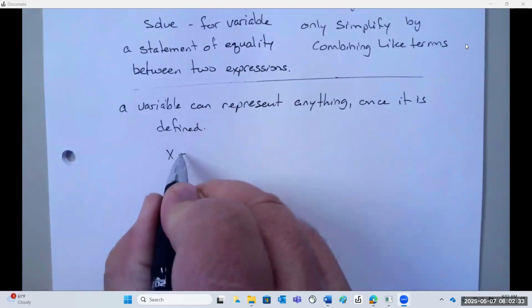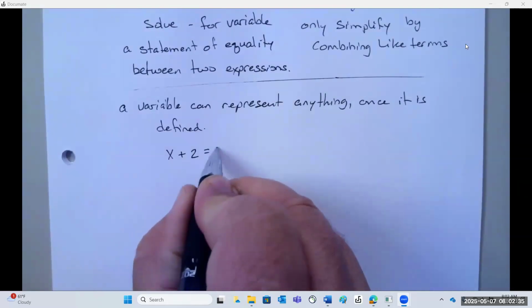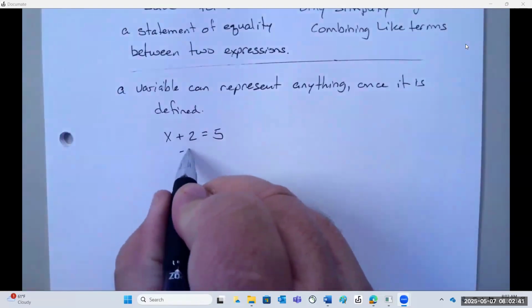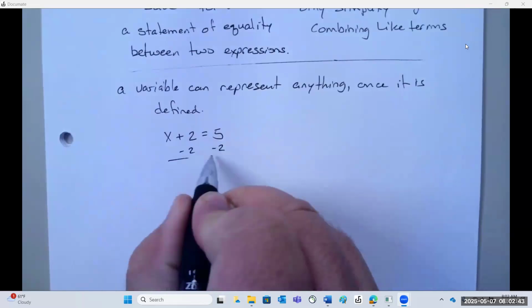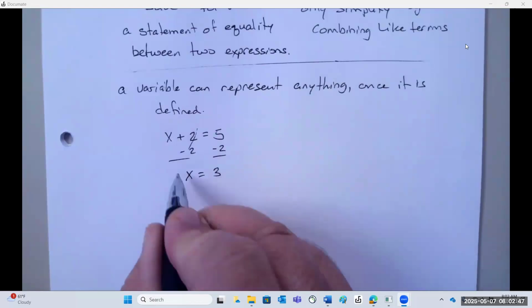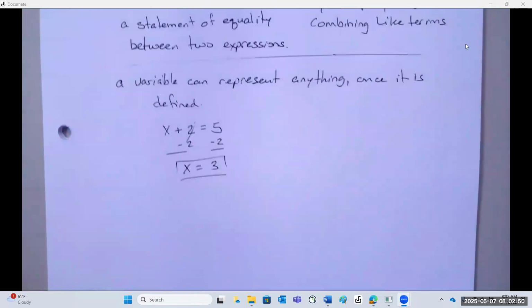For example, x plus 2 equals 5. By getting rid of the 2 and isolating the x, we know that x equals 3.